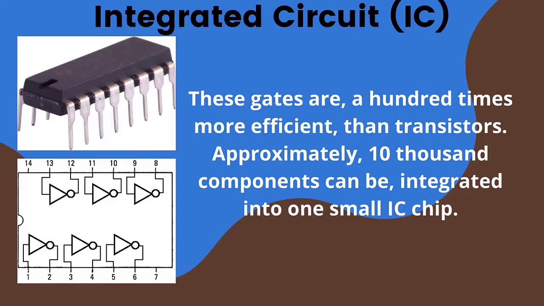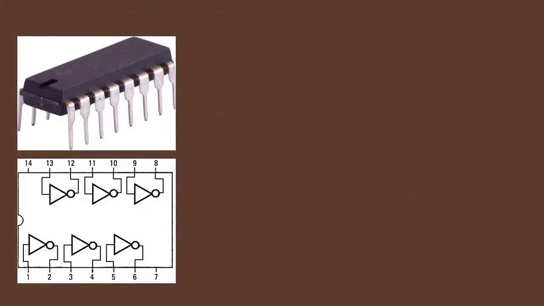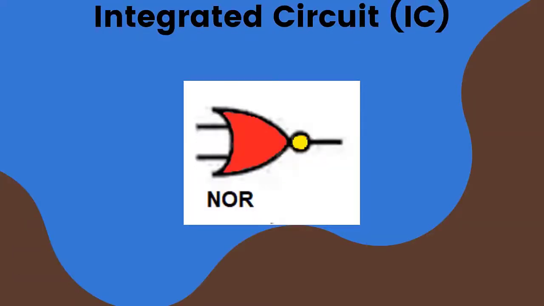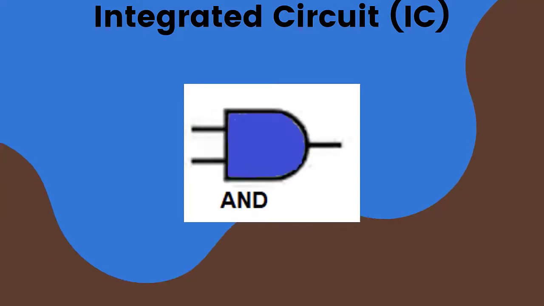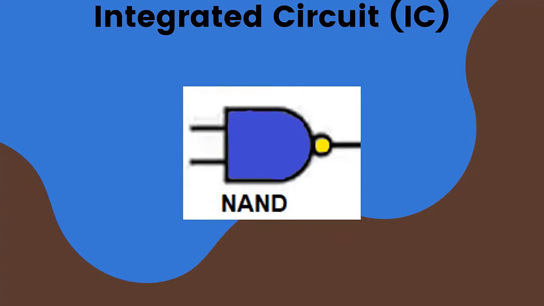Different types of IC gates are shown here. NOR, OR, and NAND.